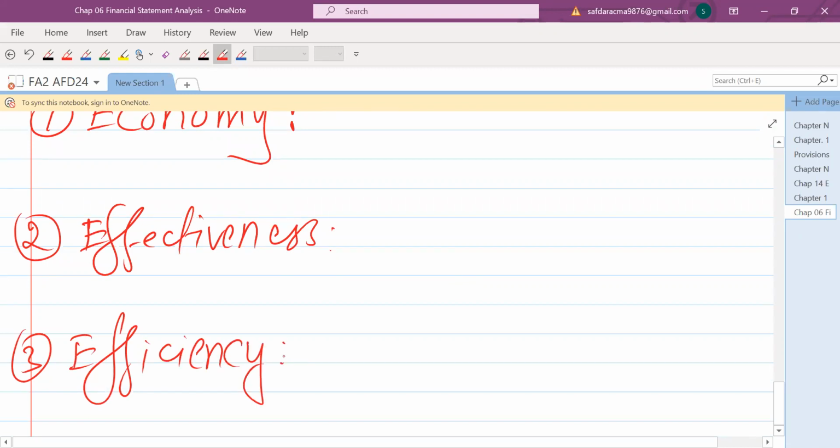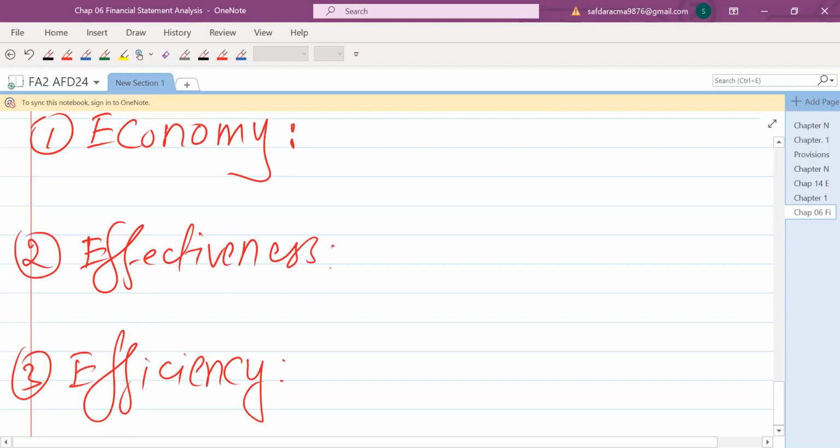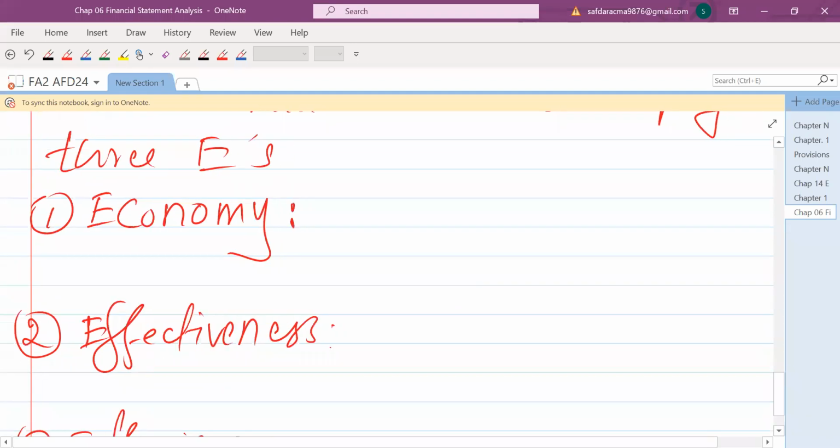Whenever we want to evaluate the performance of an NGO or non-profit organization, we normally use the concept of these three E's: economy, effectiveness, and efficiency. Do you have any idea about what this economy is? Any one of you?